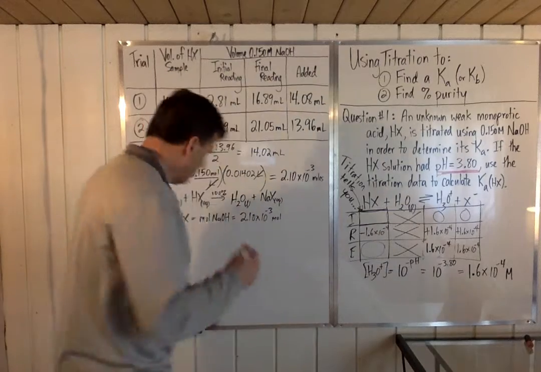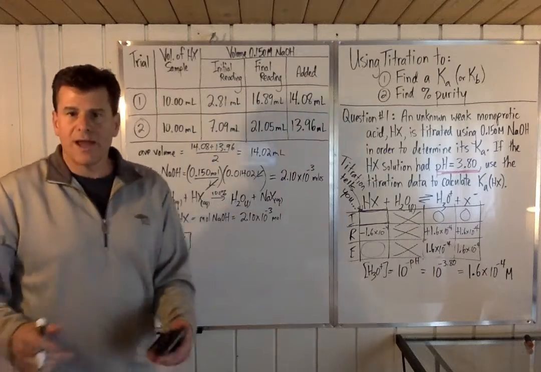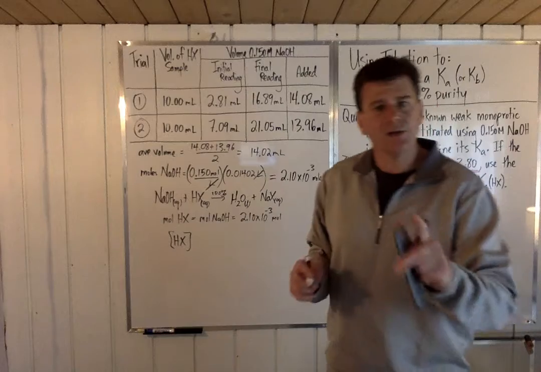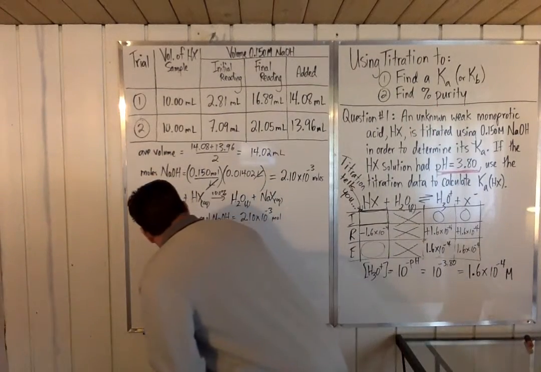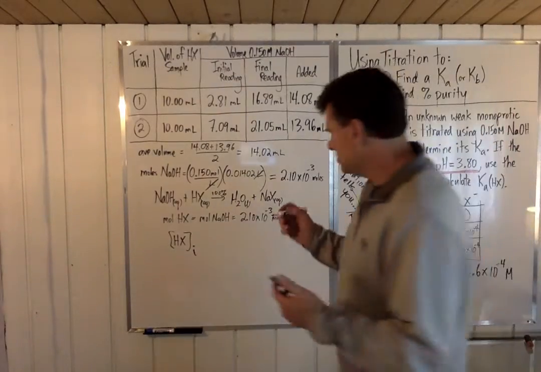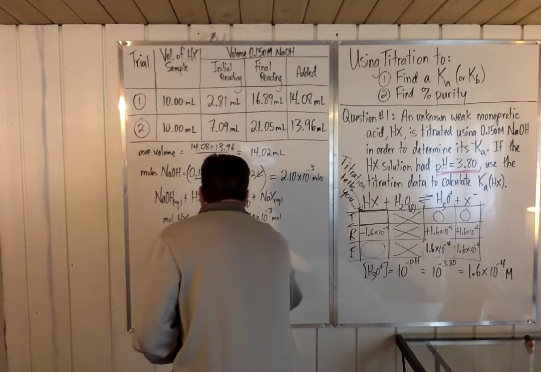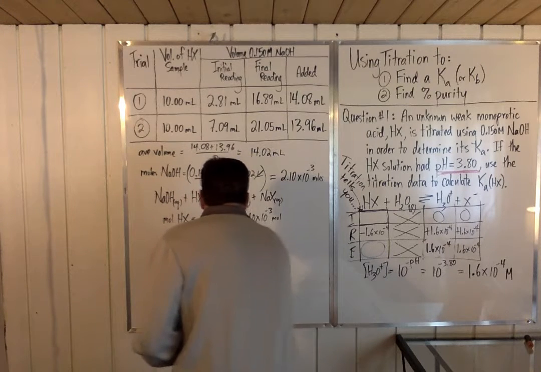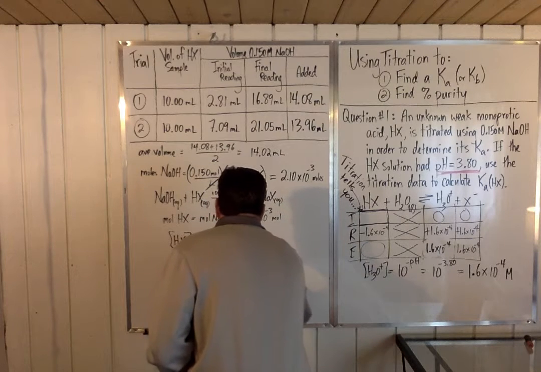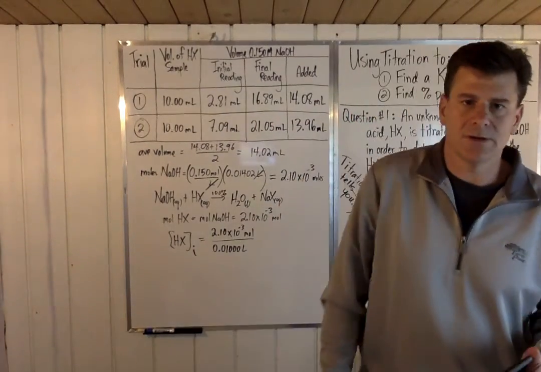So the molarity, and you might even want to write the little square brackets around the HX to indicate concentration, with a little I indicating this is the initial concentration of the HX, is 2.10 times 10 to the negative 3 moles divided by 0.0100 liters.